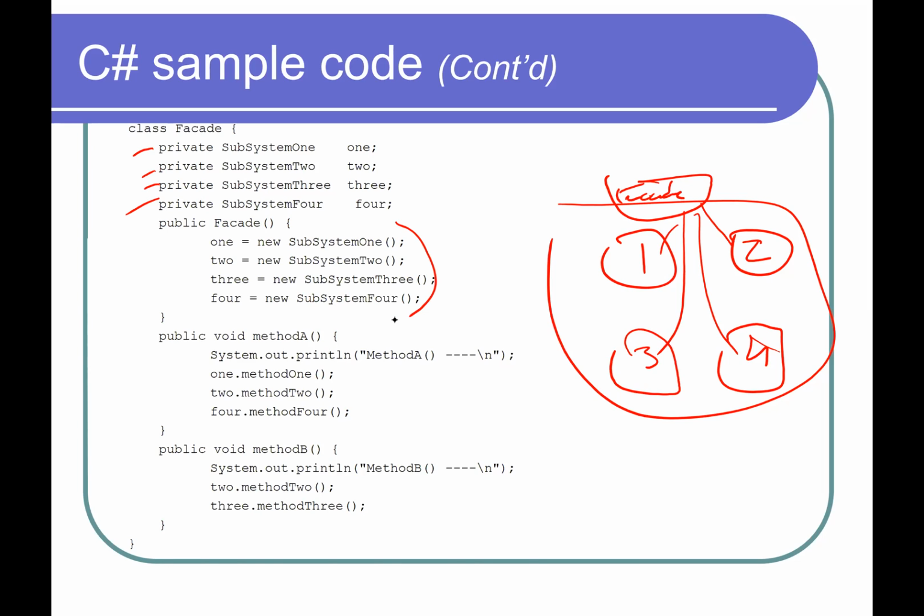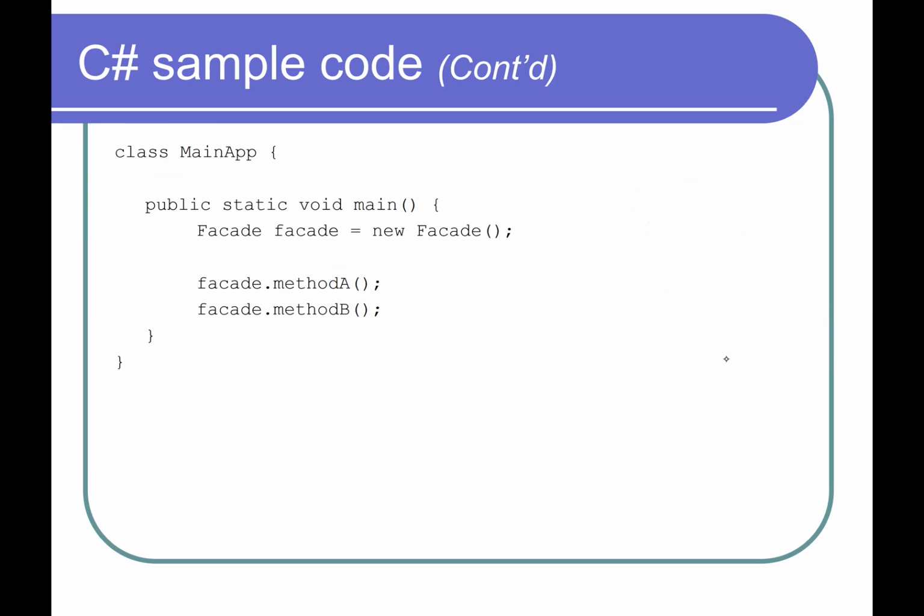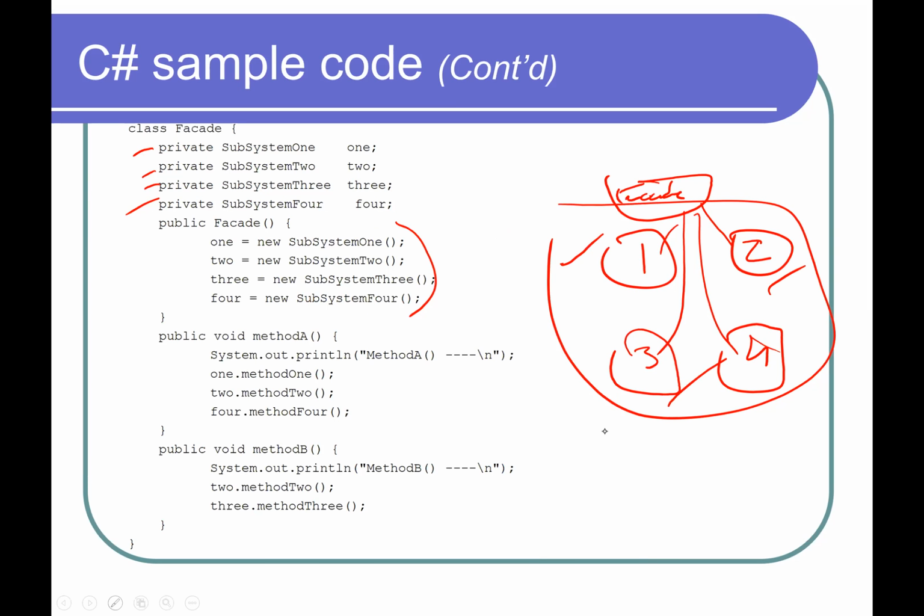Assuming we have 2 legitimate ways to access the services offered by the 4 subsystems inside. The first is that I have to execute method 1 first, then 2 and 4. Or another legal approach is I just do 2 and 3.